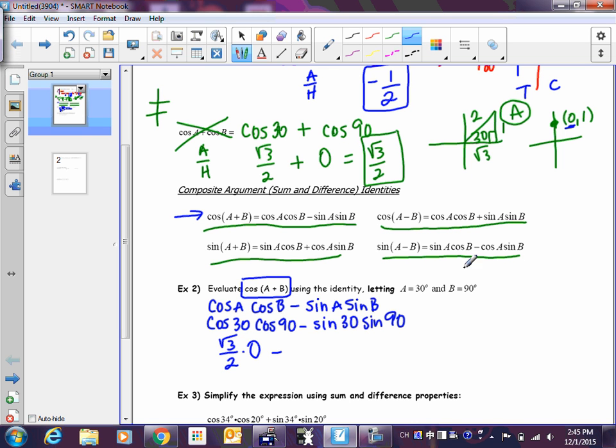What's the ratio for sine? Opposite over hypotenuse, so back over here it'd be 1/2. And then I can look at this picture and say sine of 90, that should be the second number, which is 1. So we're using some stuff we hadn't done for a while.